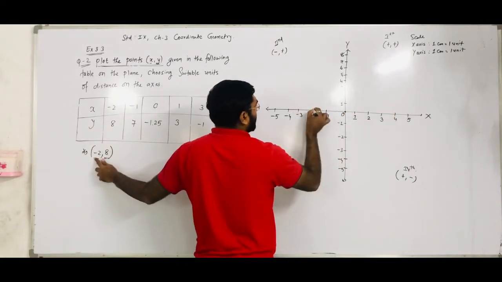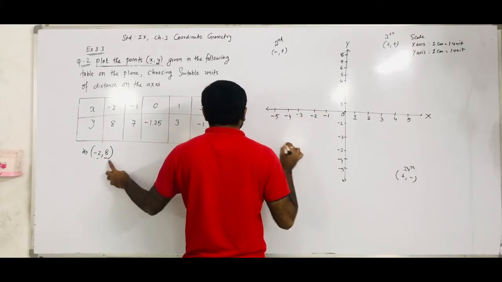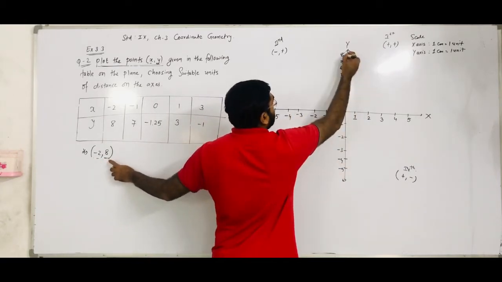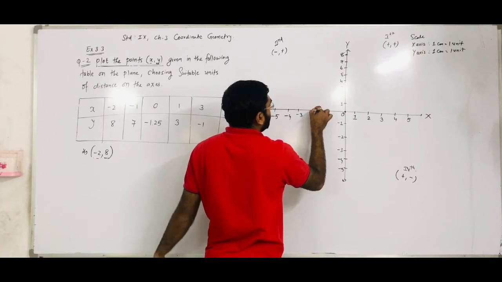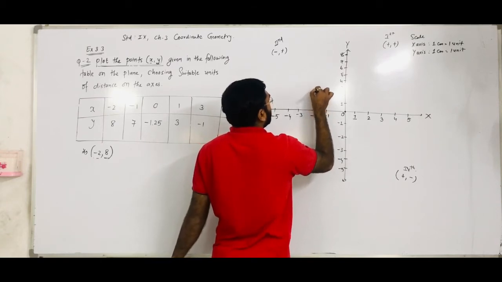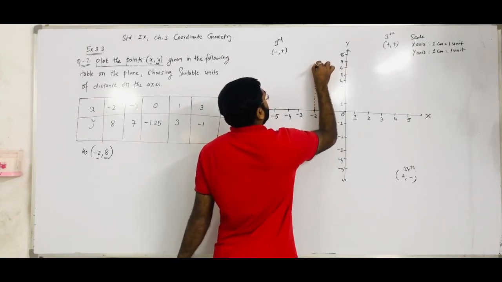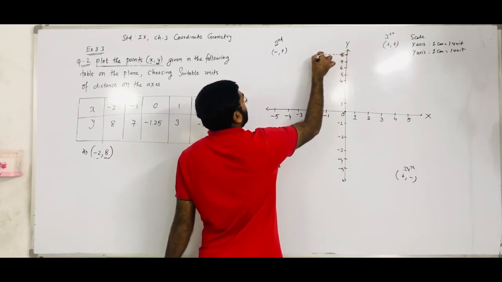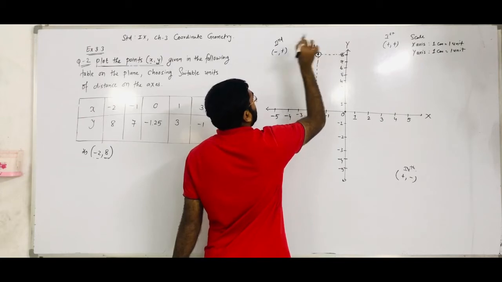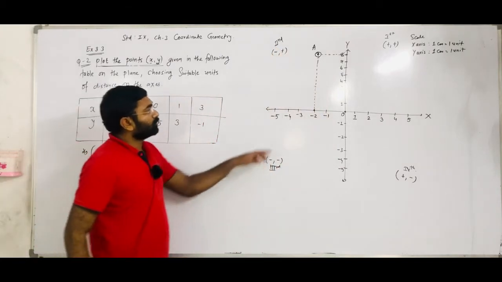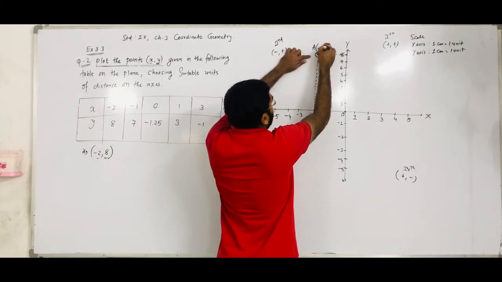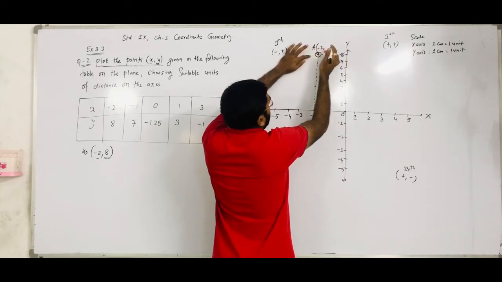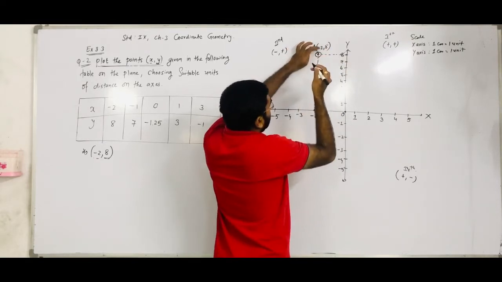On the x-axis, minus 2 comes here. On the y-axis, 8 comes here. From both points we draw a perpendicular line and intersect them. So both points intersect here. Give the name to the first point: its x coordinate is minus 2 and its y coordinate is 8.